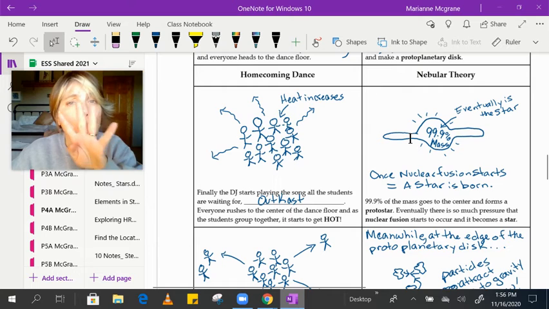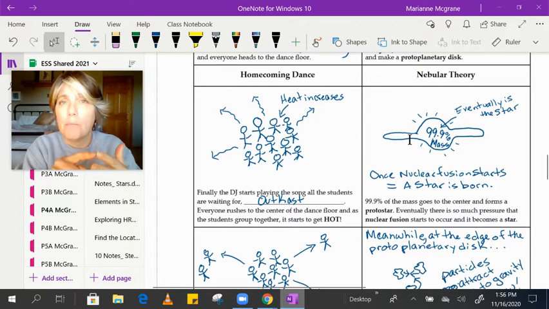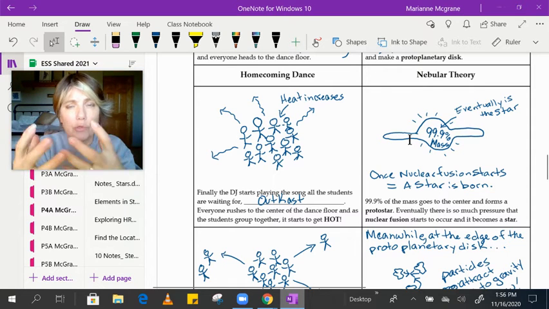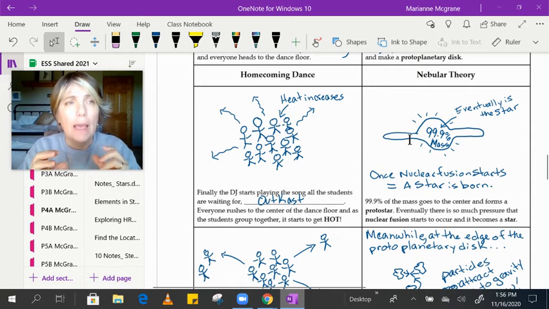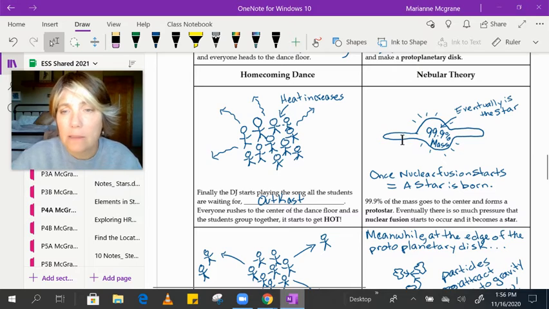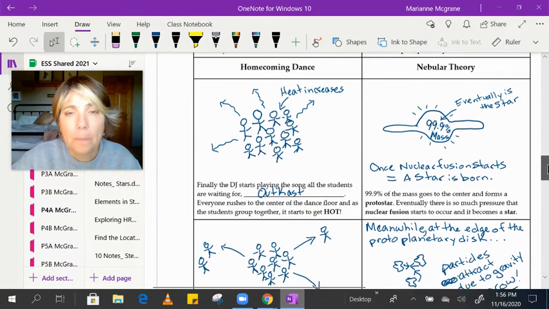Those are going to be our four rocky planets, Mercury, Venus, Earth, and Mars. So heavier elements stay closer to the center star, and the lighter elements get pushed out and begin to accumulate, creating our gas giants.